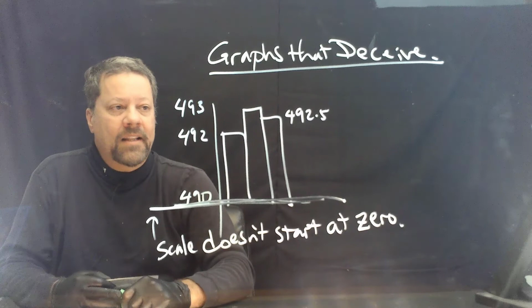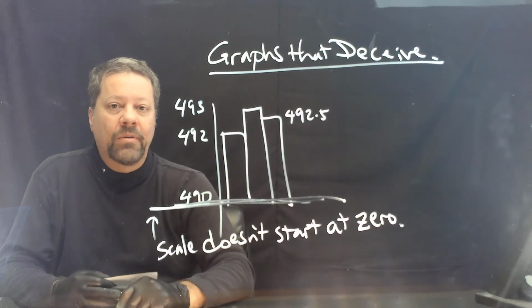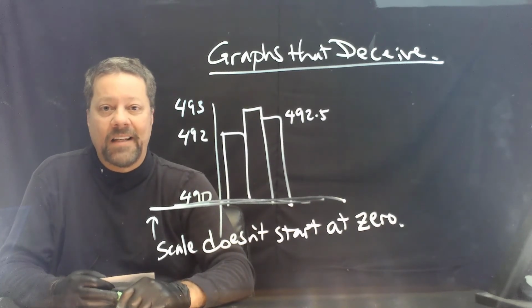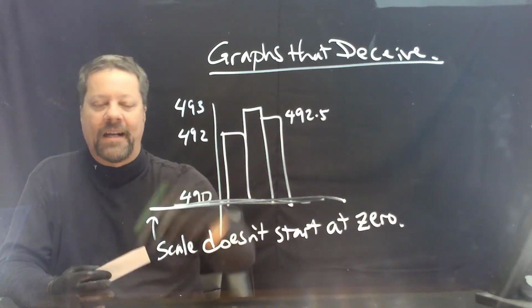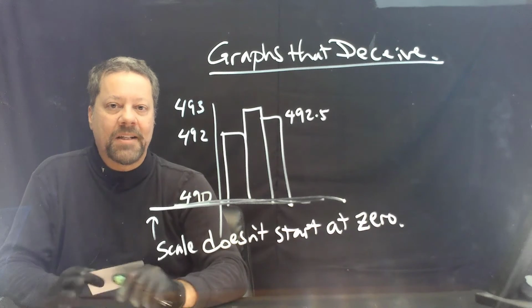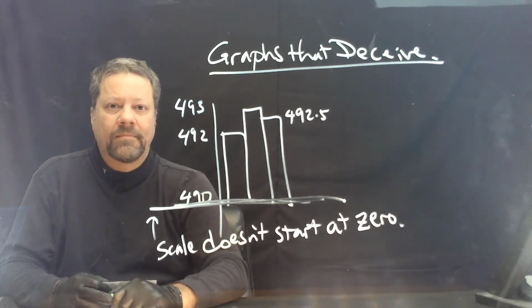In fact, the differences might be only due to random chance in the selection of the data. So this gives a sense that there's a big difference when in fact the differences may not be statistically meaningful at all.